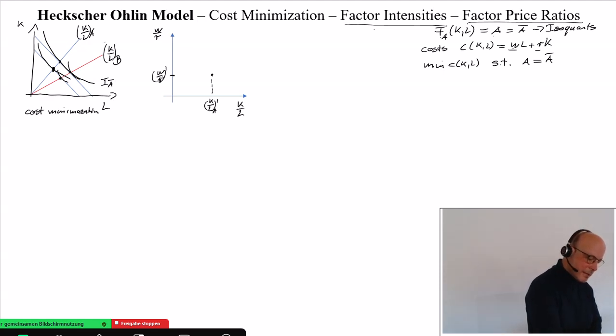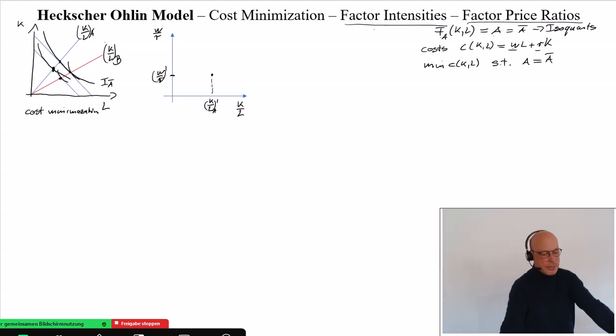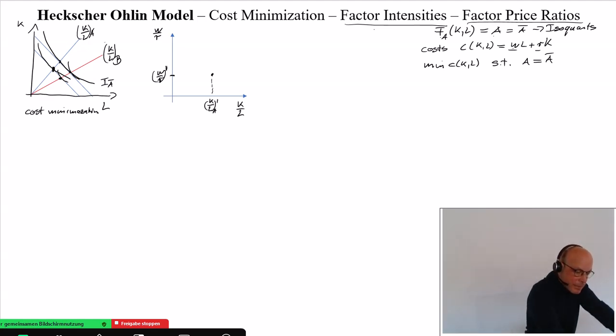So this would be. But now, from this cost minimizing diagram, we can deduce relatively to this point, where do we find now the coinciding capital over labor ratio for good B? Coinciding the same factor price ratio.